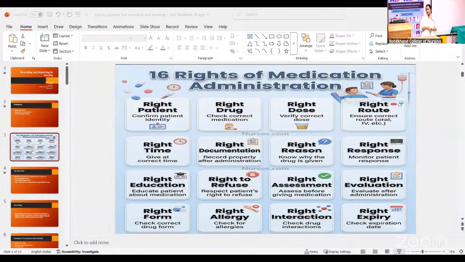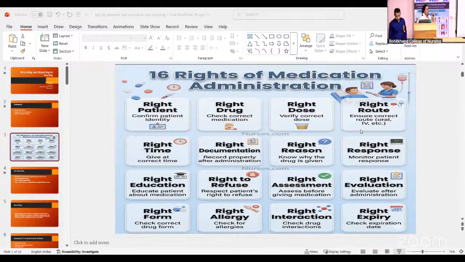So here I am looking. First there are 16 rights of medication. Already Shikha has taken these rights. Earlier it was 5 rights only.